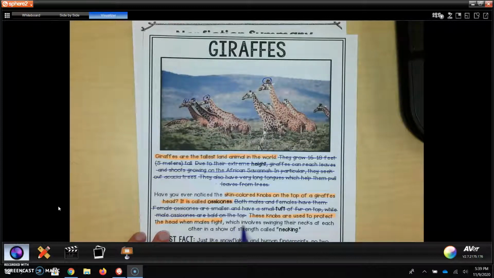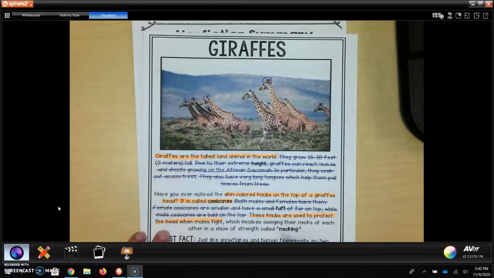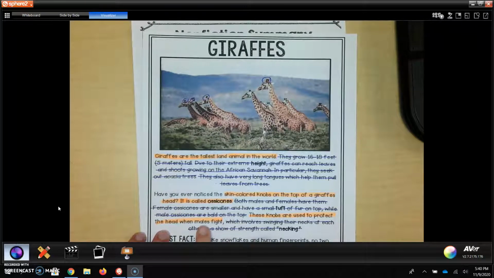And then the rest of the sentence says, which involves swinging their neck at each other in a show of strength called necking. That just gives you more details explaining how they fight. Not super major. But this one is definitely a super important detail, because when we talked about them having ossicones, it never really told us why giraffes have those on their head. And then it answered that. These knobs are used to protect the head when males fight. So we know that's pretty big.